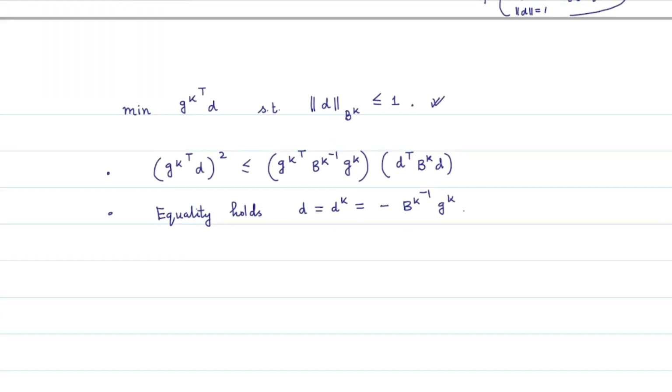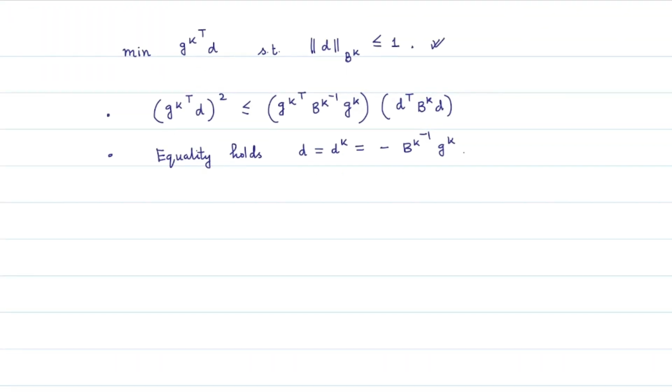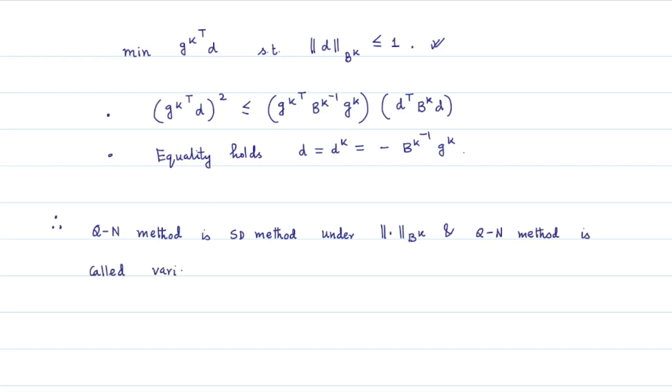So I write neatly here that the quasi-Newton method is the steepest descent method under the norm bk, and as this norm bk changes from iteration to iteration, quasi-Newton methods are called variable metric methods.